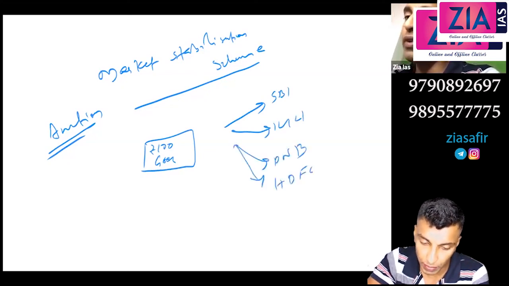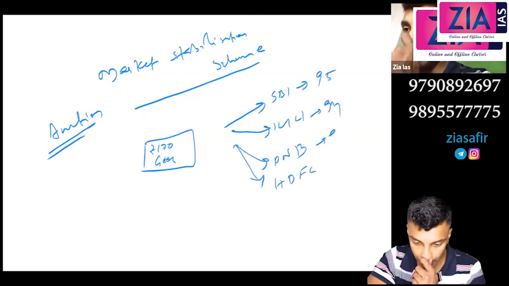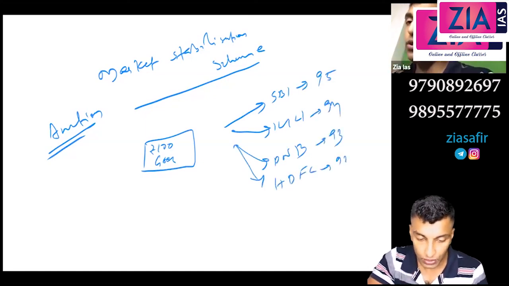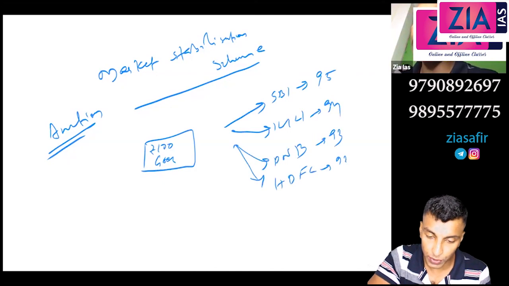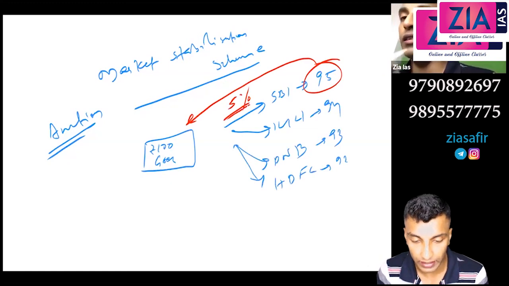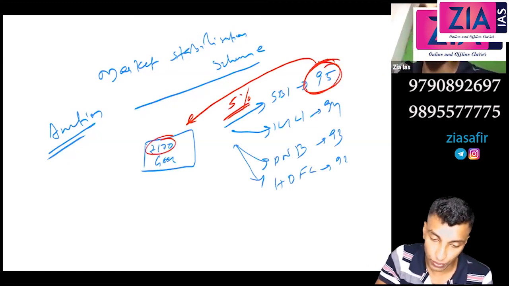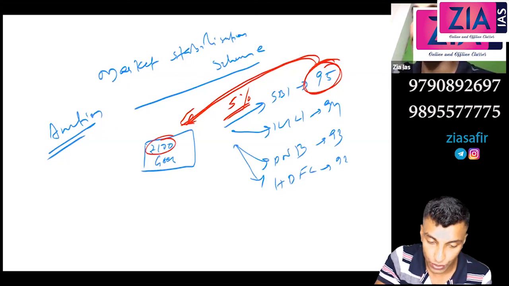These people will offer, let's say 95, 94, 93, 92, etc. So RBI will sell to the person who is offering the maximum. So this difference is the return, because when you give this bond back, you will get that 100 face value, but you are buying at 95. So you are buying at a discount, and this is your return.